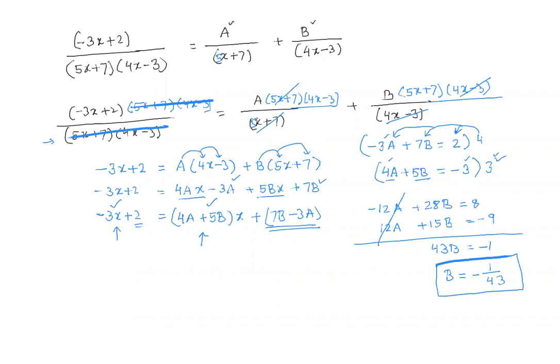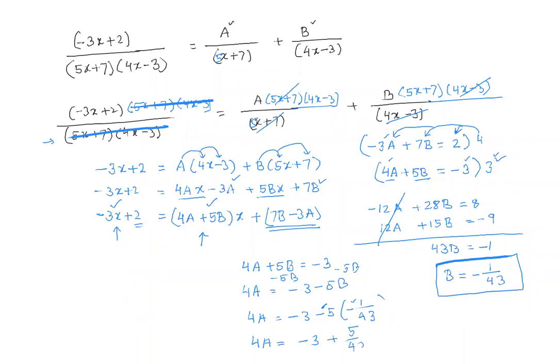So just take one of the original equations: 4a plus 5b is equal to -3. So 4a is equal to -3 minus 5b; I subtract 5b from both sides. 4a is equal to -3 minus 5 times -1 over 43. That's going to give you 4a is equal to -3, negative times negative is positive, plus 5 over 43.